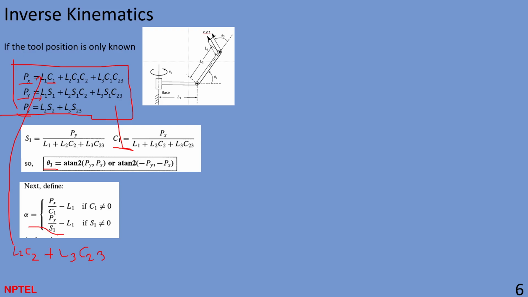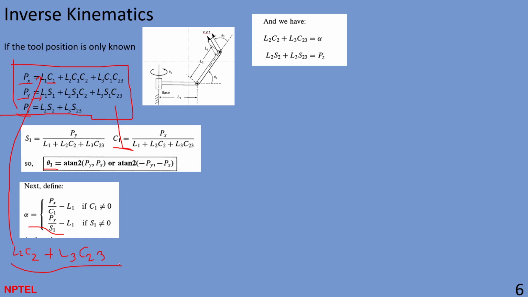This is how alpha looks like. This is alpha and l2, and this is alpha. You already know the last equation. Now to get this equation, you need to square and add things so that those cos square plus sin square terms will become one.